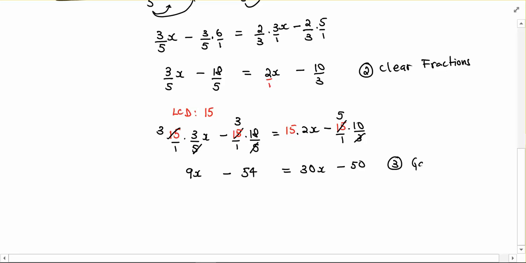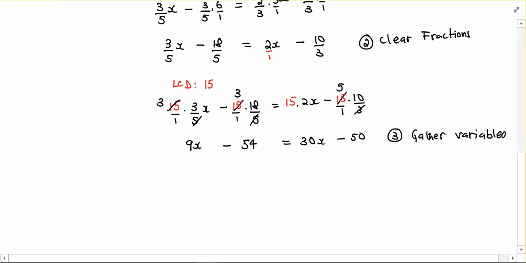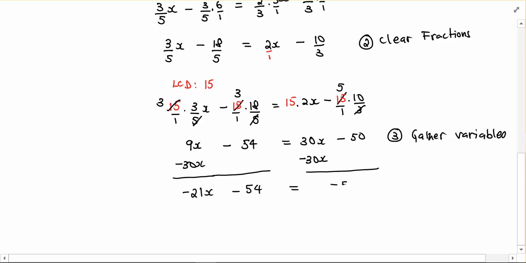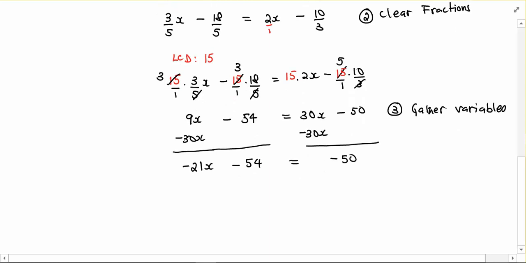So gather variables. I'm going to get the variables on the left, so I'm going to subtract 30x from both sides. That's going to be 9 minus 30, that's minus 21x, equals minus 50.